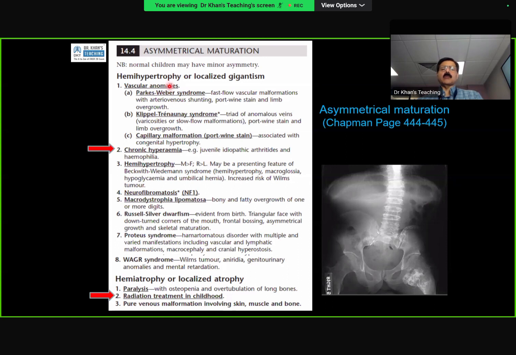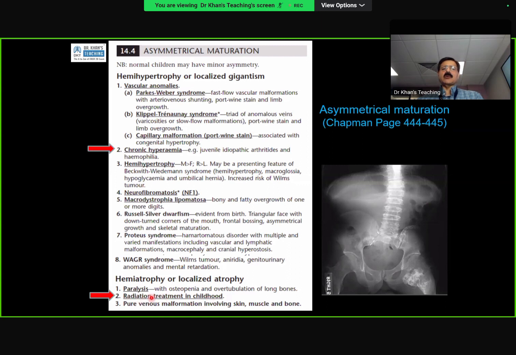So, for example, in JIA or hemophilia, the epiphysis will become enlarged. On the contrary, this here is hemiatrophy or localized atrophy, and this is an exam case. You must develop your eyes on this.